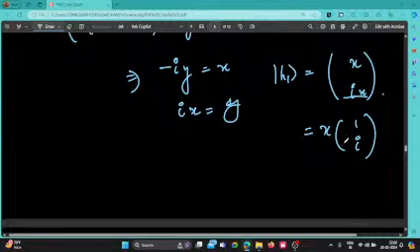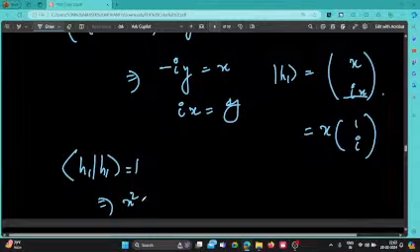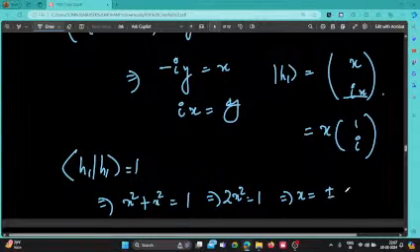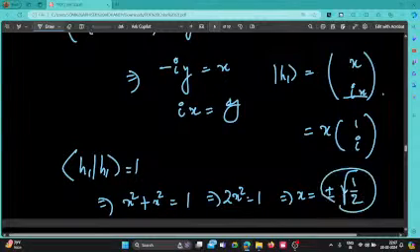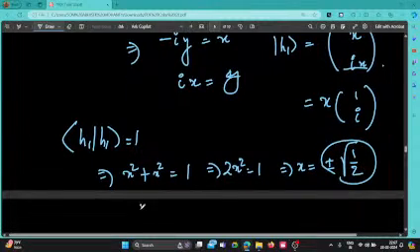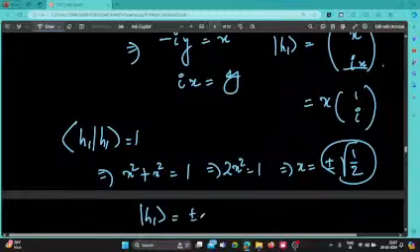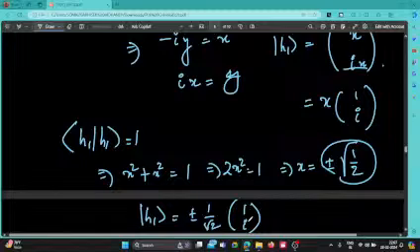We need to normalize it: x squared plus x squared equals 1, so 2x squared equals 1 and x equals 1 by root 2. So the normalized vector is 1 by root 2 times (1, i). This is one vector.